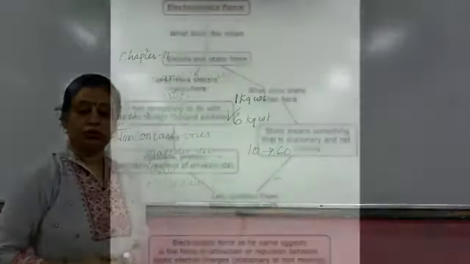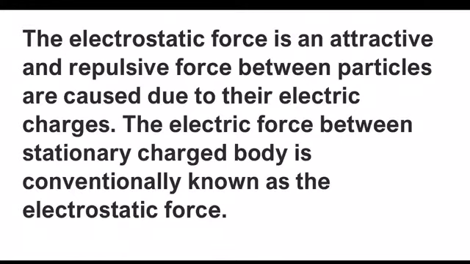Electrostatic force. What does this mean? Electro and static. What does electro mean here? It has something to do with electric charged particles, like electron, proton, etc. And what is the meaning of static? Static means something that is stationary and not moving.